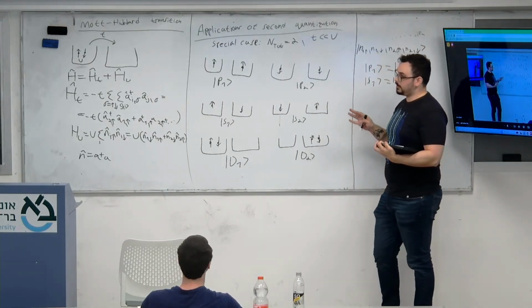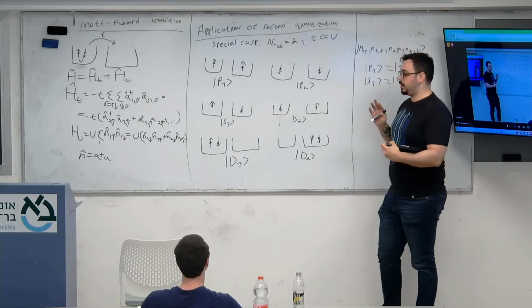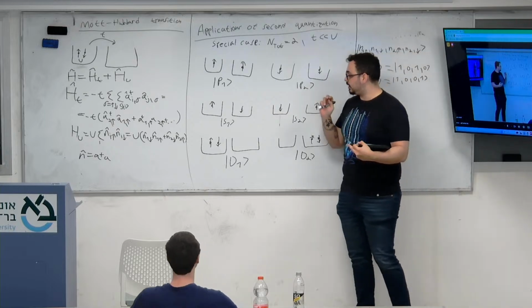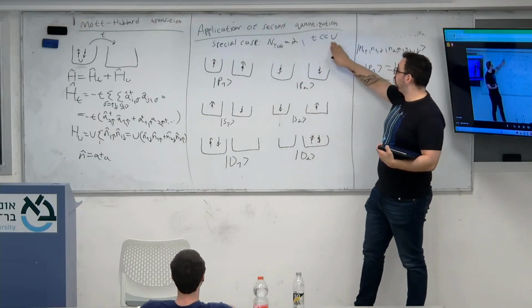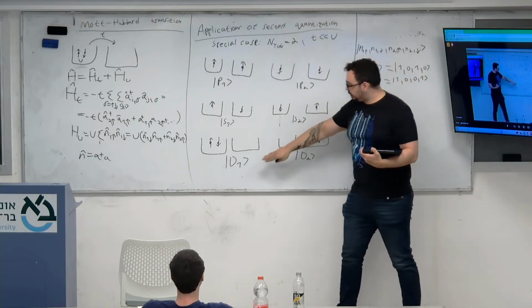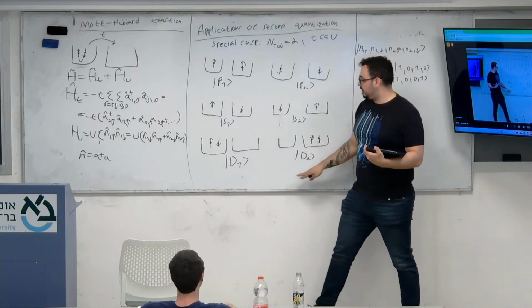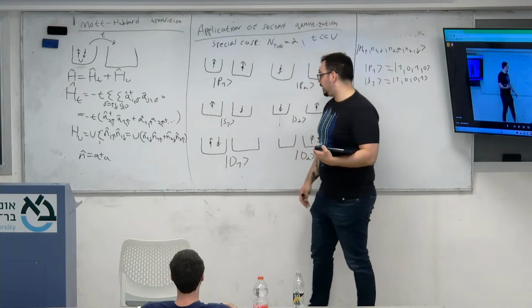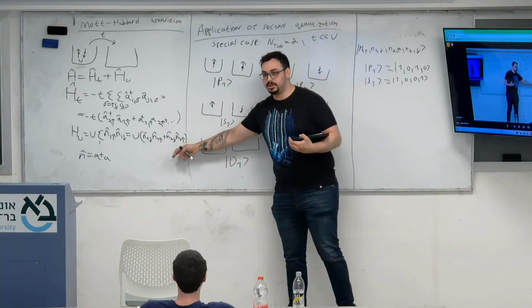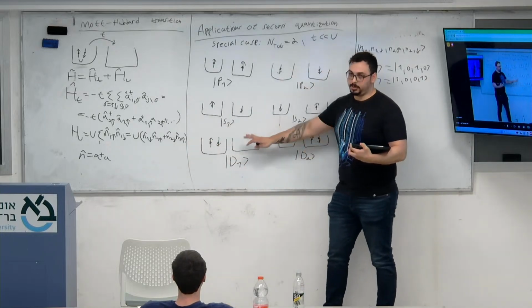The last step is not so trivial, but it's a good approximation, because if u is much bigger than t, those two double occupancy states, while having the interaction Hamiltonian contributing to the energy, will cost a lot of positive energy.